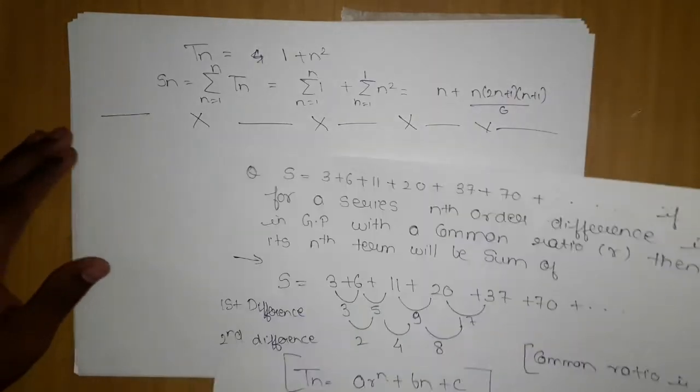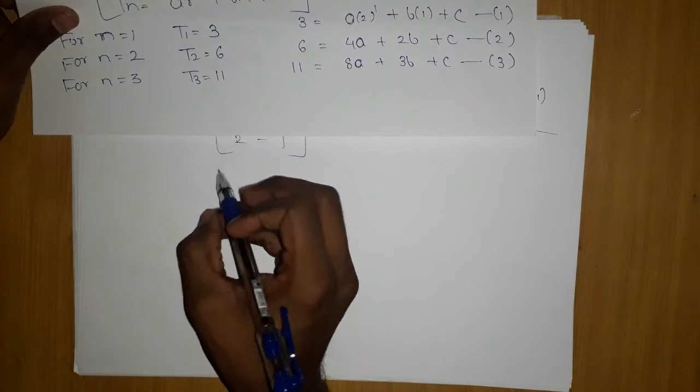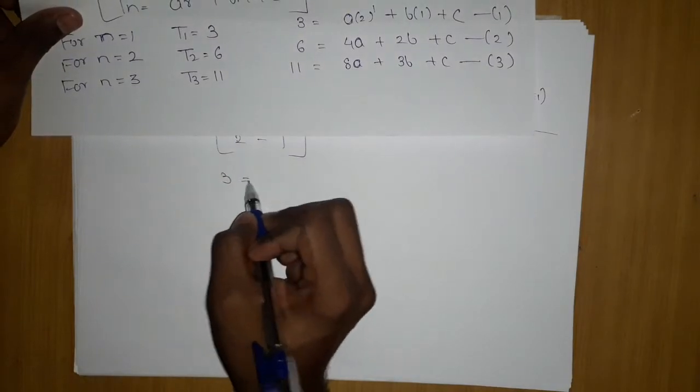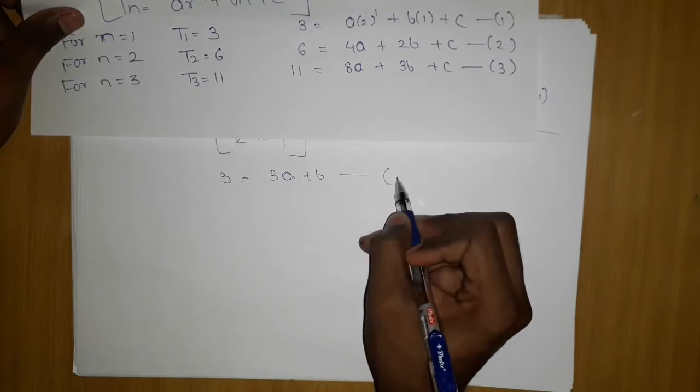Now let's move on. After getting the 3 equations with 3 variables, how can we solve? If I subtract 1 from 2, I get 6 minus 3, 3 = 3A + B. This is my fourth equation.